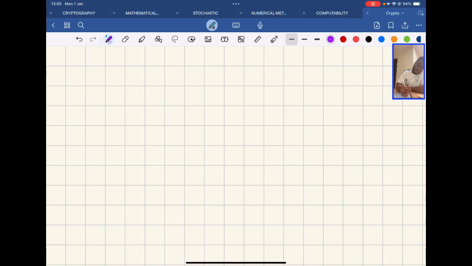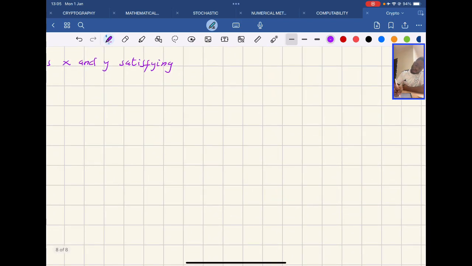Find the positive integers x and y satisfying the equation 167x plus 43y is equal to 797.